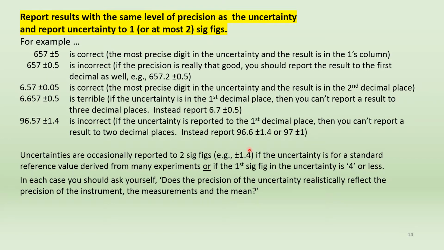Now, you might ask yourself why. Well, think about it. If the uncertainty is 1.4 and we drop the 4, the 0.4 out of 1.4 is approximately 1/3. So we're discarding about 30% of the magnitude of this value.